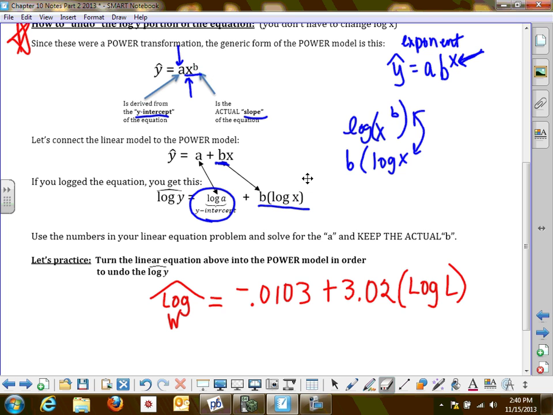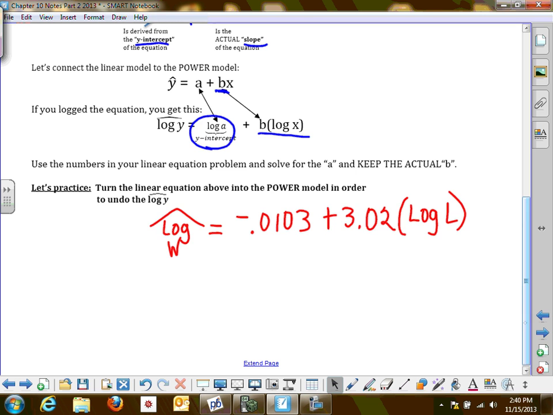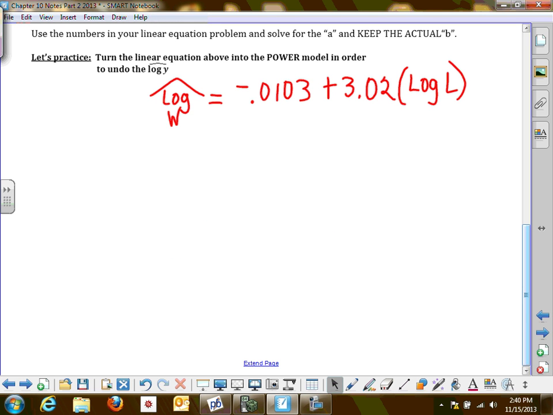Okay, that's a little quick mathy thing if you want to know it. But otherwise, let's do this problem in our notes. Here is the equation that we just got above when we thought a power model is appropriate. Predicted log w equals negative 0.0103 plus 3.02 times the log of the length.